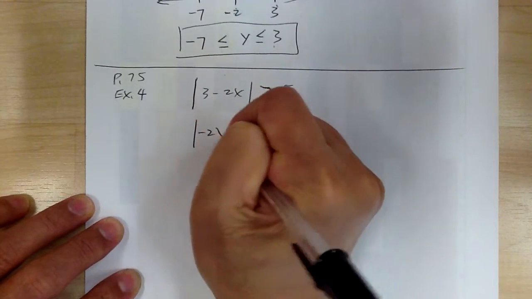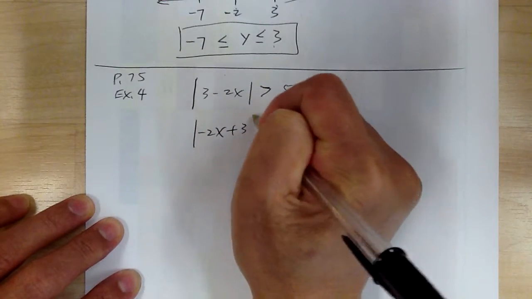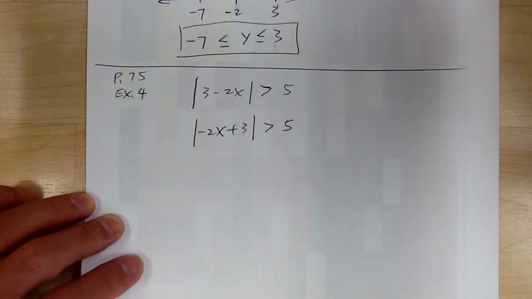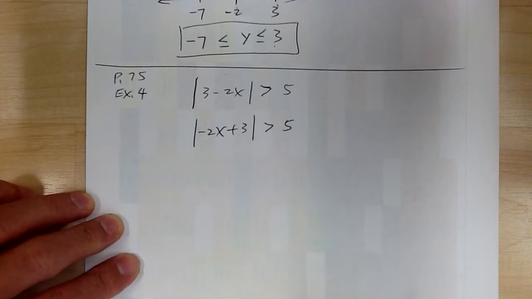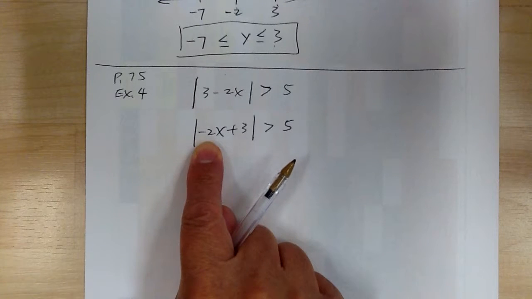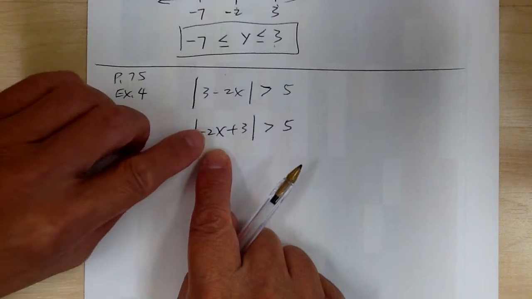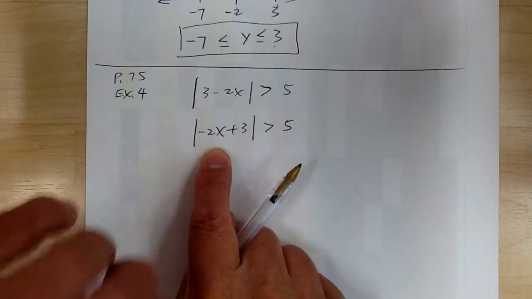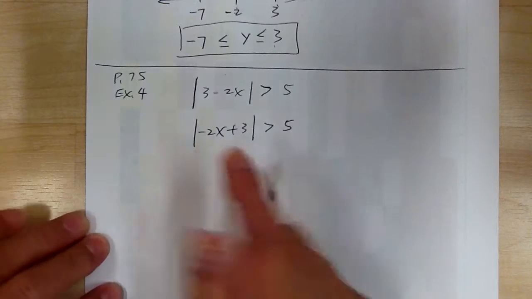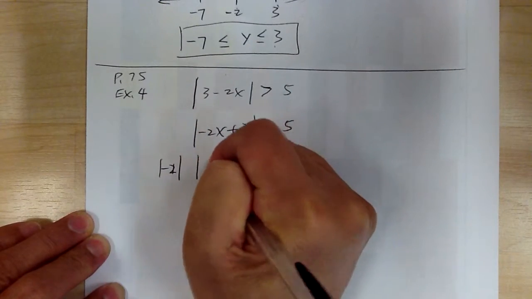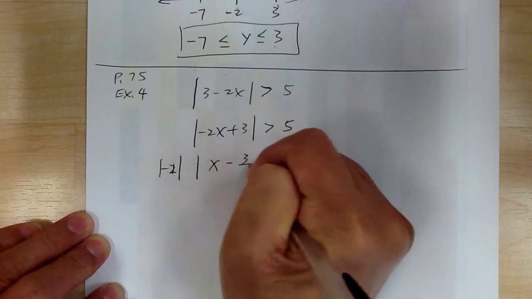So you get -2x plus 3 is greater than or equal to 5. Next, notice there's a -2 in front, so you have to factor out the -2. Because this is inside the absolute value, when you factor out, it will be in absolute value. So factor out the -2 in absolute value, and this becomes x minus 3 over 2.